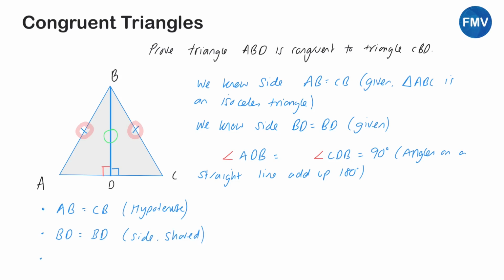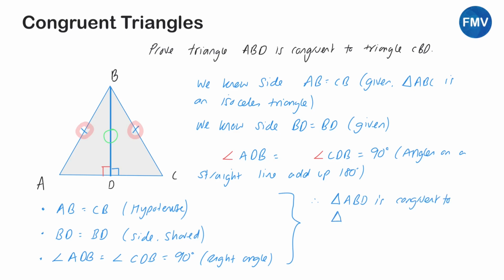And finally, we know that angle ADB is equal to angle CDB, which is equal to 90 degrees, which is a right angle. Now we've got everything we need here. So we can say, therefore, triangle ABD is congruent to triangle CBD due to the right angle, hypotenuse, and side criteria. So there you have it, congruent triangles.